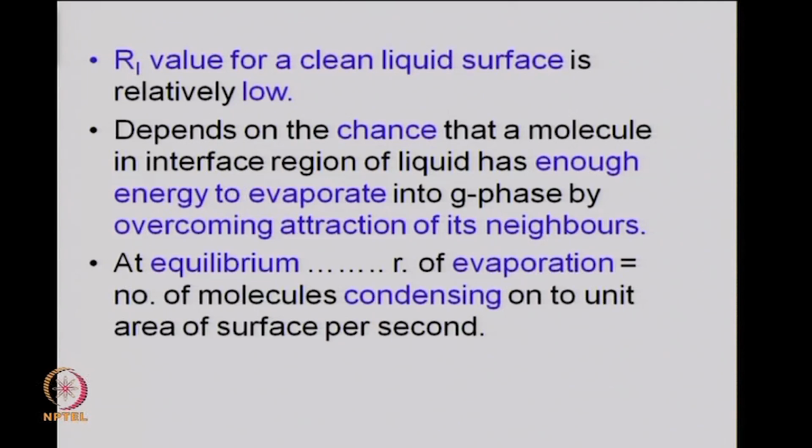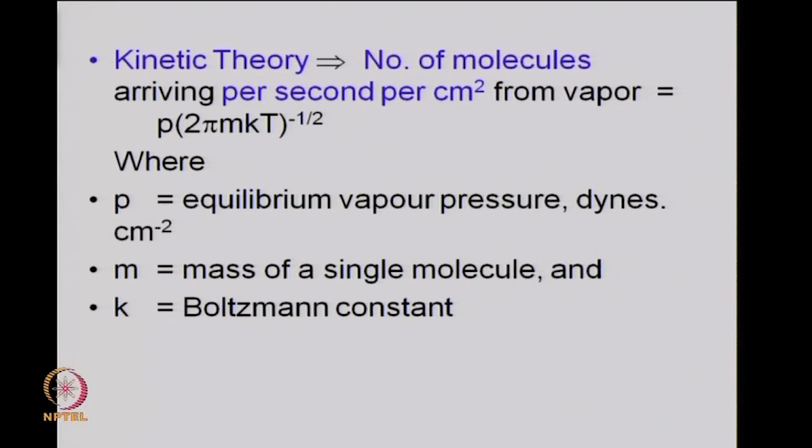So, the number of molecules which condense onto a unit area per second will be the same as the rate of evaporation, and that is given by kinetic theory in terms of number of molecules per second per centimeter square from vapor as the equilibrium vapor pressure P divided by square root of 2 pi mkT, where small m is the molecular mass, k is the Boltzmann constant, and T is absolute temperature.